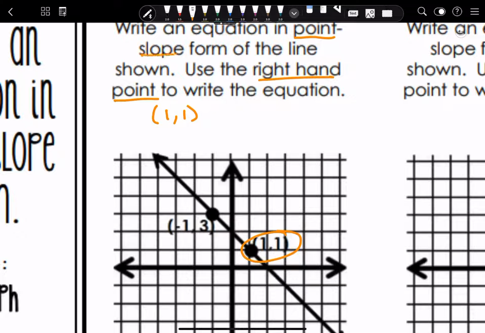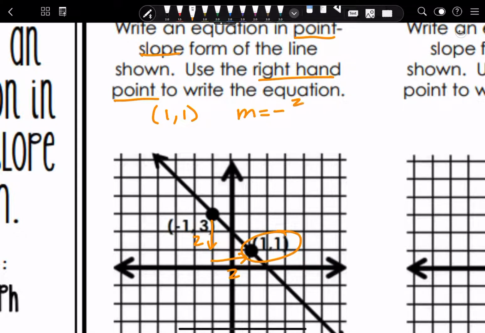And we need a slope. Well, we can figure that out using rise over run. And remember, you walk from left to right. And we are going down the hill, so we know it's going to be negative. And we went down 2 to the right 2.